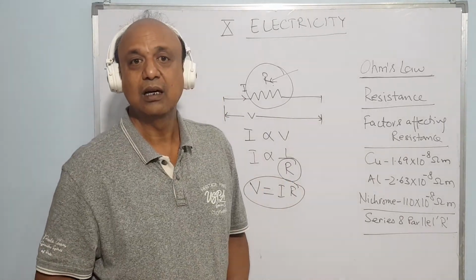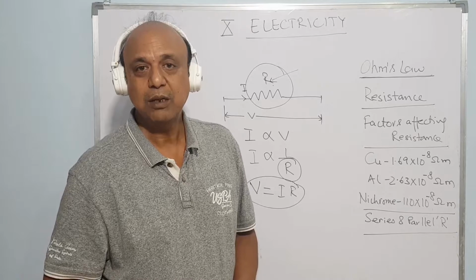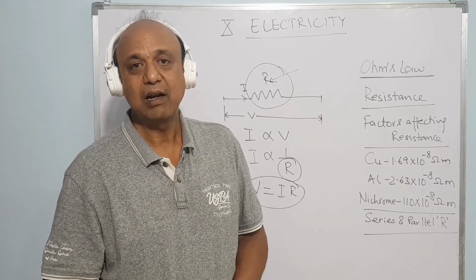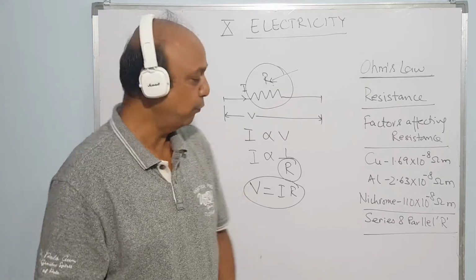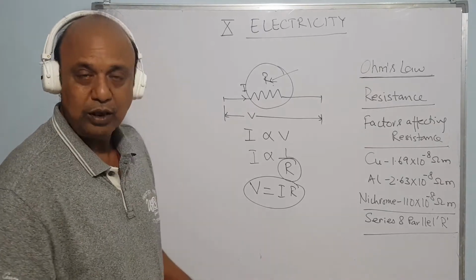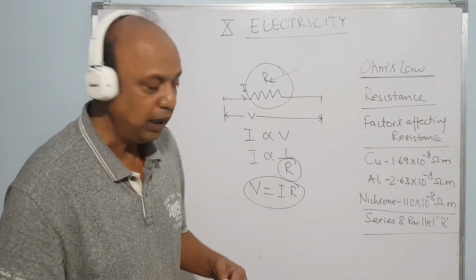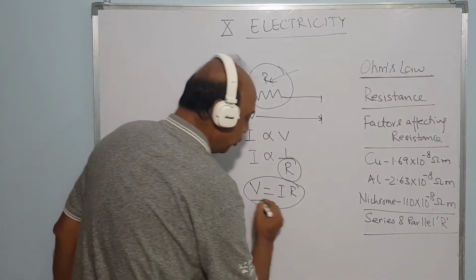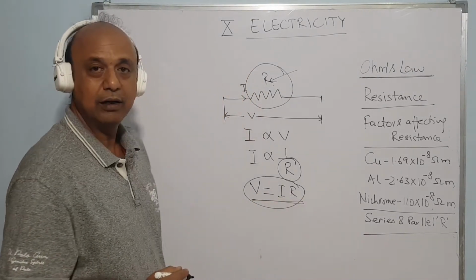Remember, this is the basic principle of electricity, Ohm's law, on which the total electrical engineering is dependent. If you are going to be a budding engineer tomorrow, and that too in the field of electricity like me, then this is very important for you. You have to remember this formula lifelong.